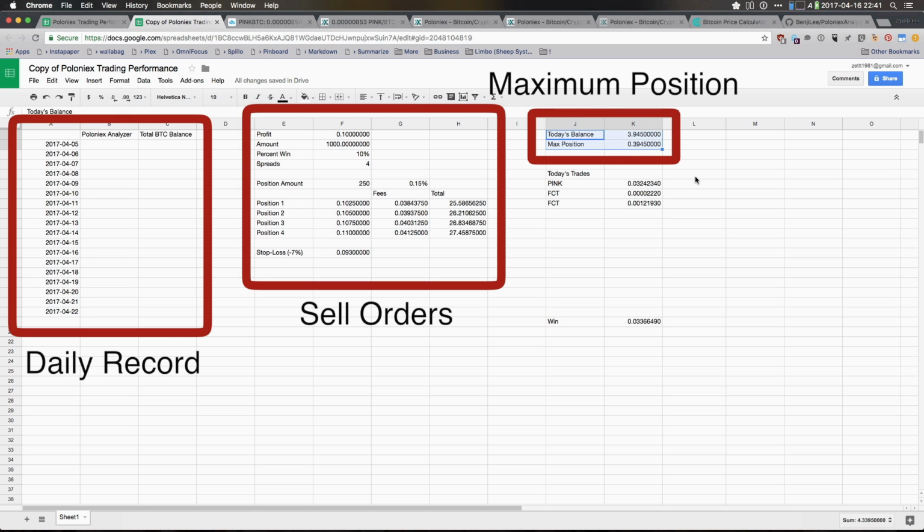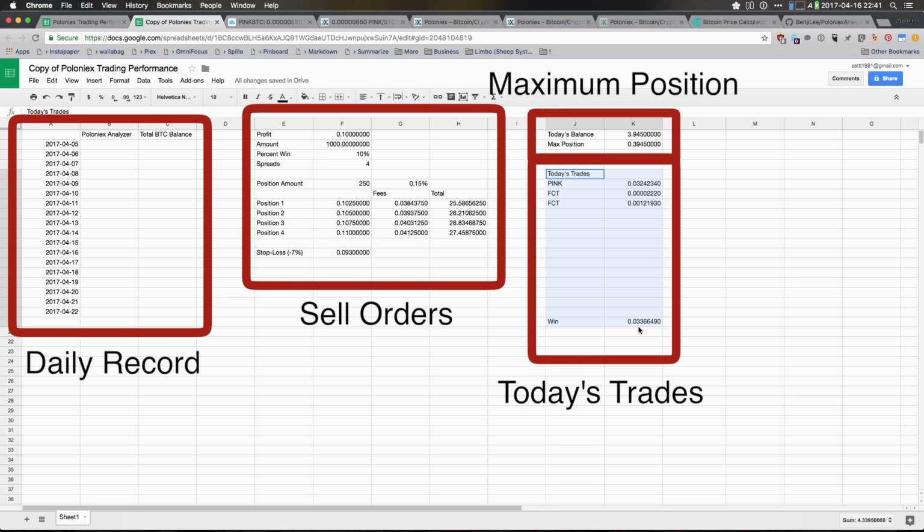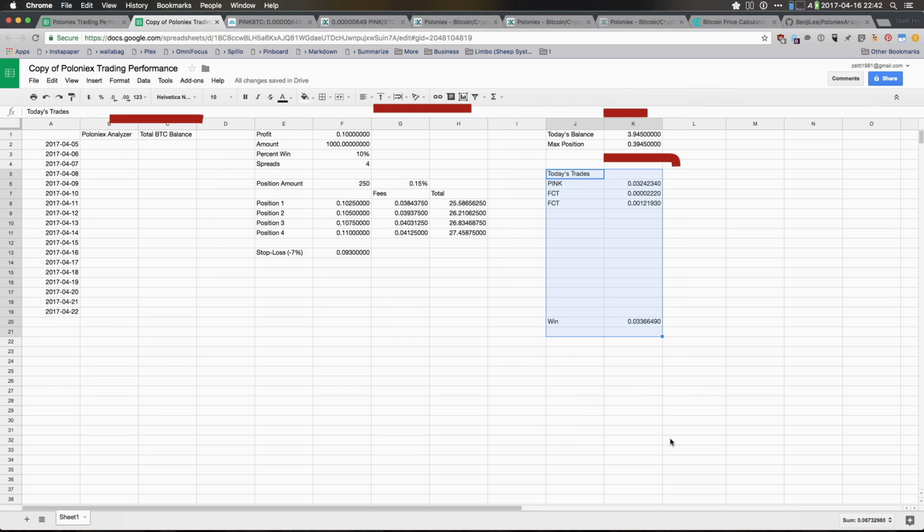Then I have a section that basically tells me how much money I can spend on one trade, and another section where I keep a record of today's trades just so that I can easier see what things I've traded and how much I've made on the trades.